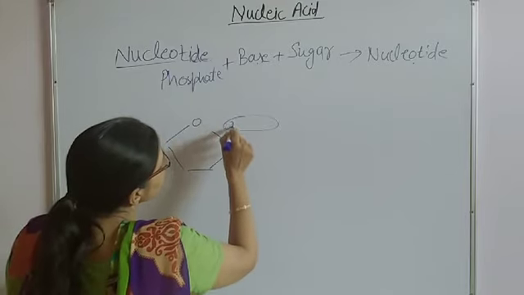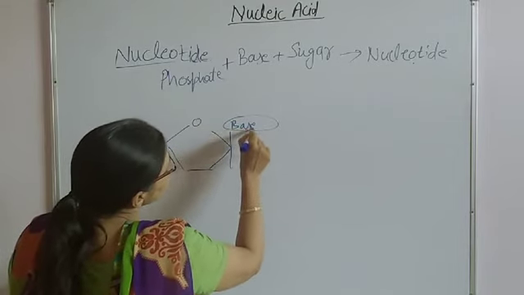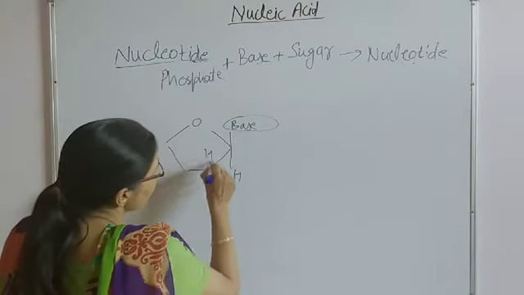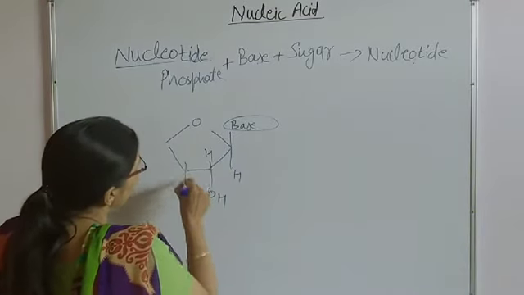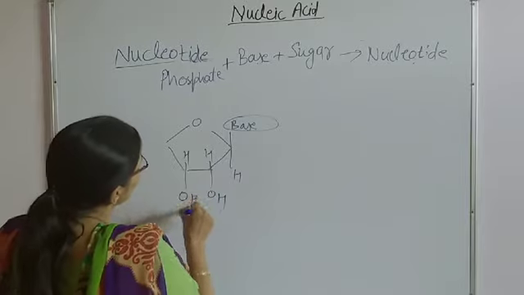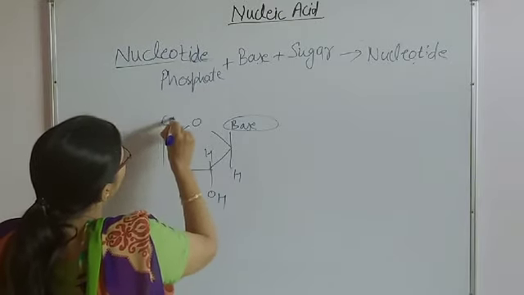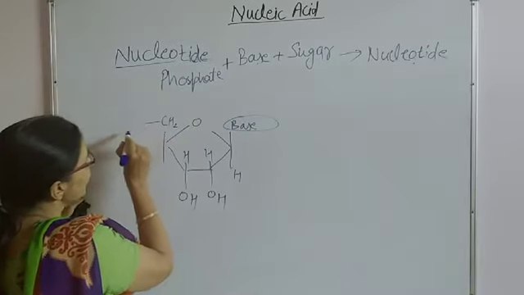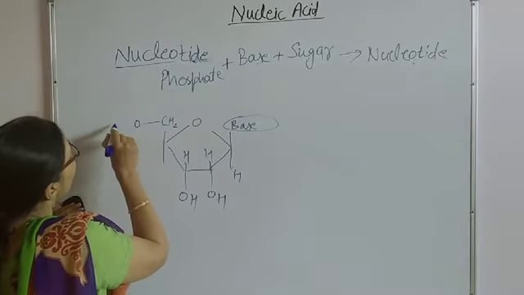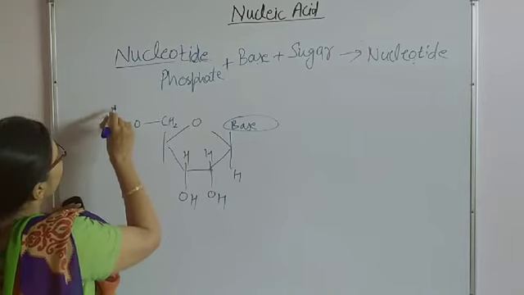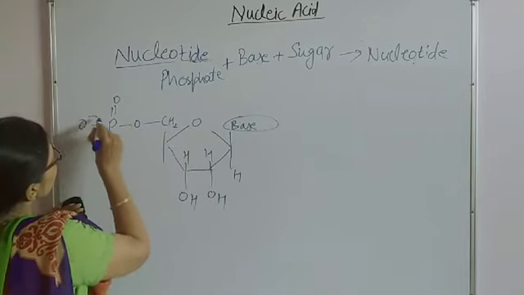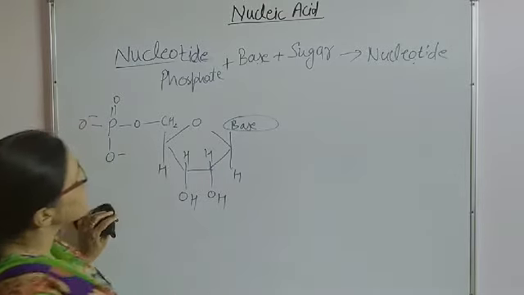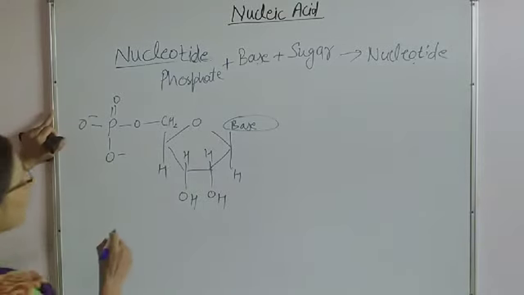So here base is present, hydrogen, suppose HOH, I am taking HOH, CH2, and the rest of the part of phosphate linkage. This is the structure of nucleotide.